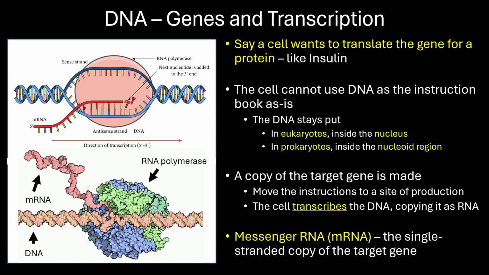It always stays there. Instead, a copy of that target gene is made, and then that copy can go anywhere. To accomplish this, the cell will transcribe the DNA as a copy, making a new molecule called messenger RNA, or mRNA. This is a single-stranded copy of a singular gene.